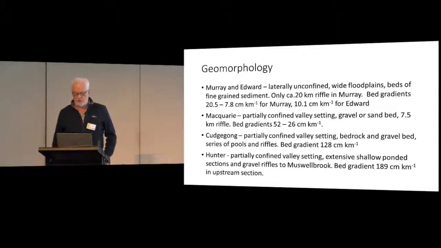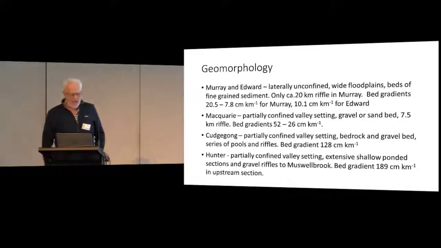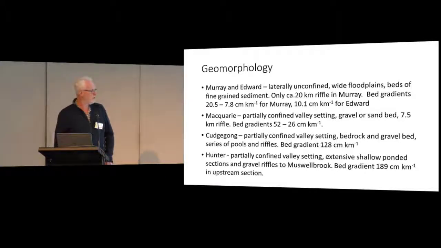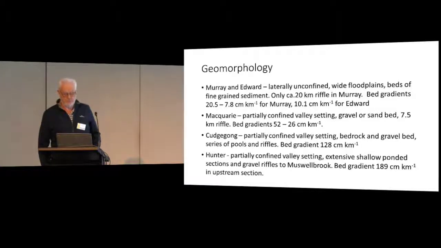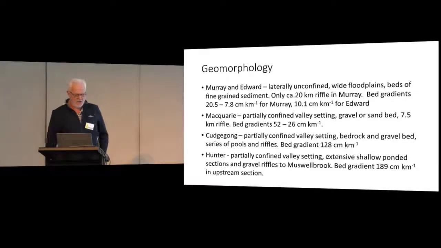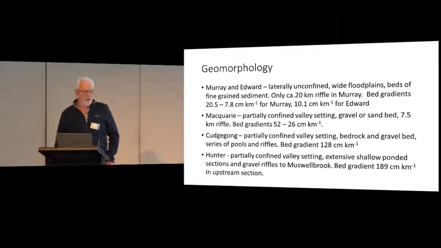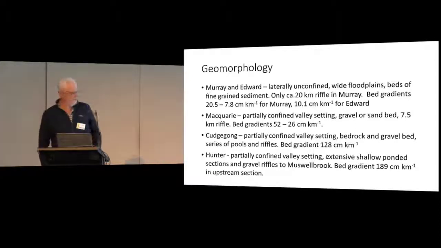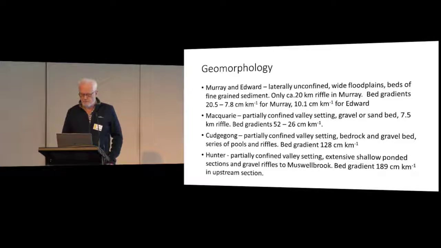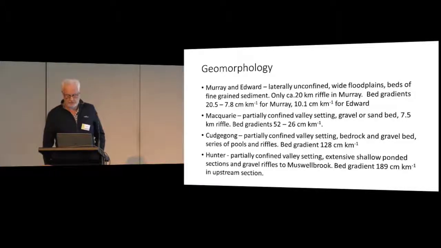We only measured about 20 kilometres of riffle in the Murray, and the bed gradients in the Murray were about 20.5 centimetres per kilometre immediately downstream of Hume Reservoir, and as low as 7.8 centimetres per kilometre further downstream around Swan Hill. And for the Edward, the average bed gradient was around 10 centimetres per kilometre. So very flat rivers.